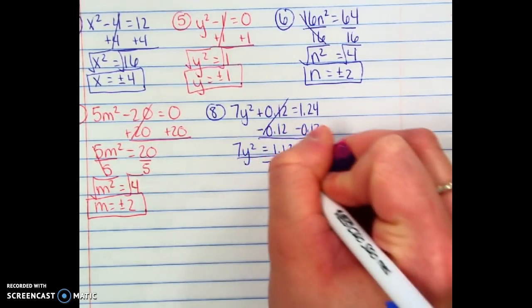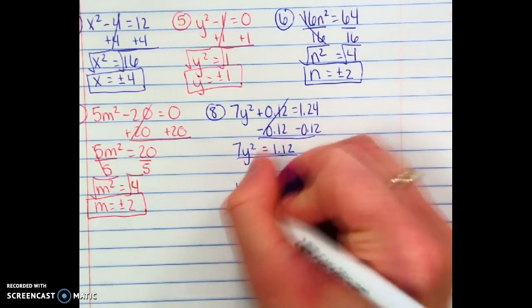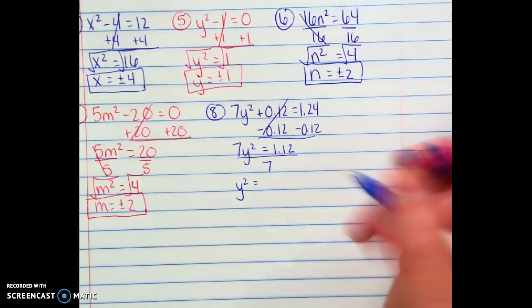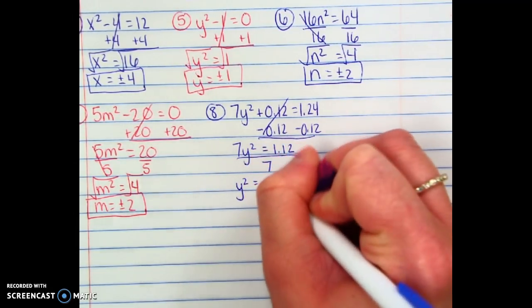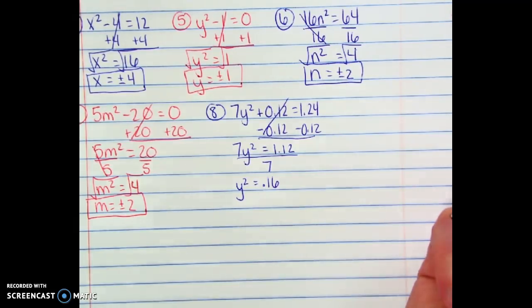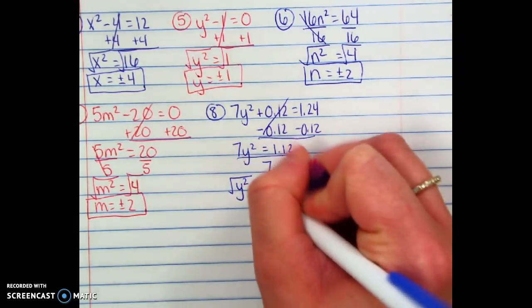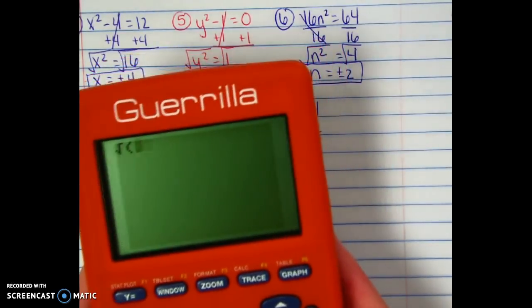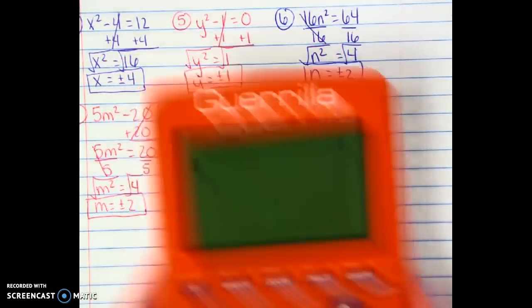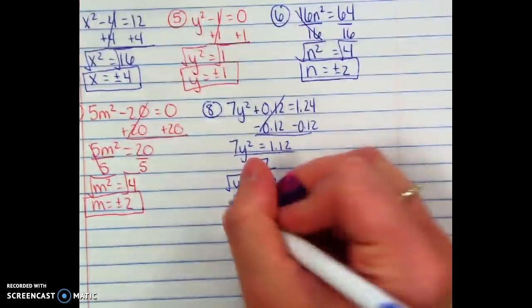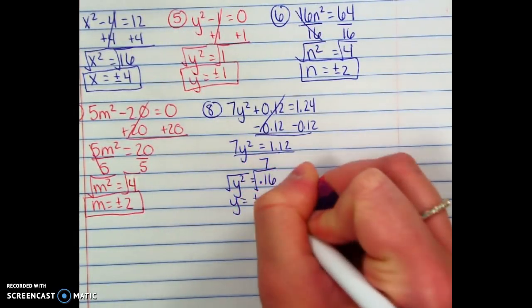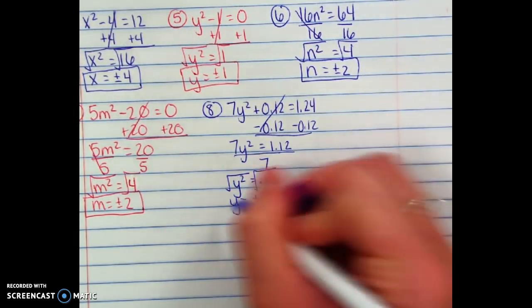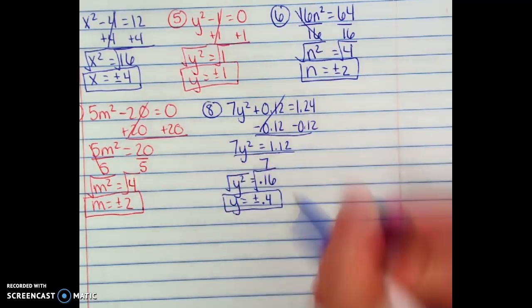Divide the whole thing by 7. y squared equals 0.16. Square root both sides. Square root of 0.16 is 0.4. So y equals plus or minus 0.4, whatever you prefer.